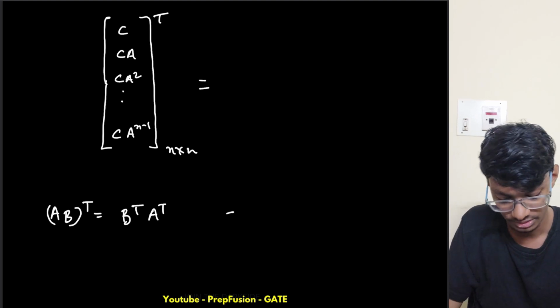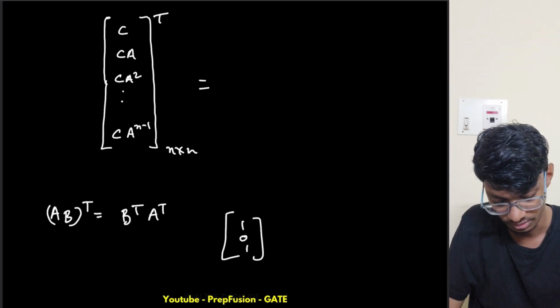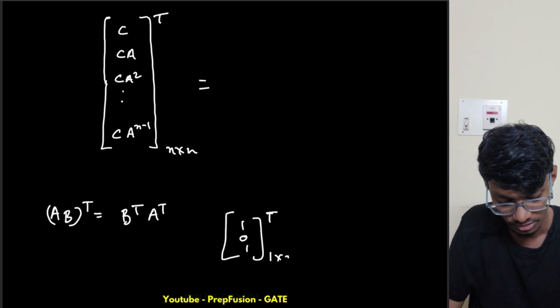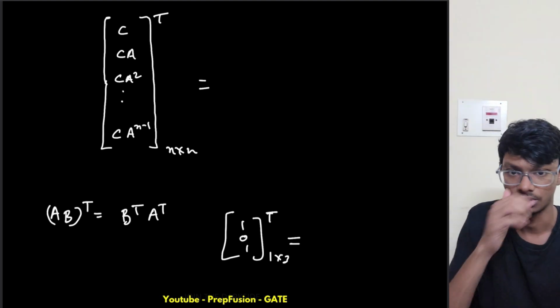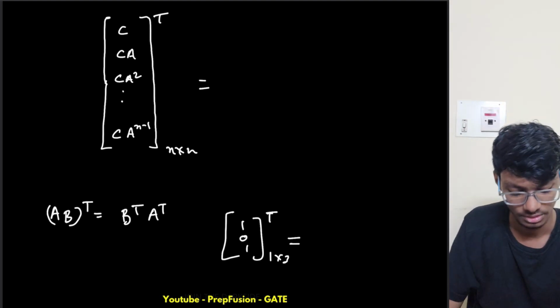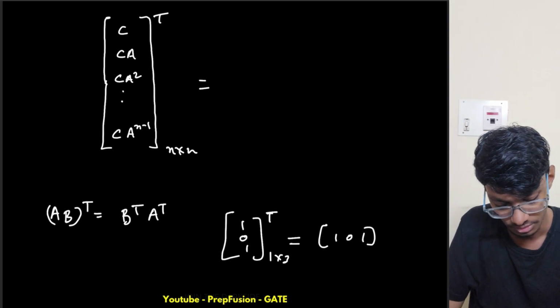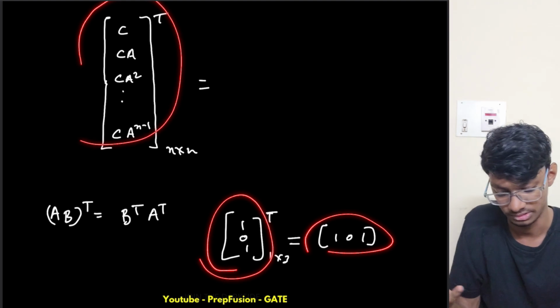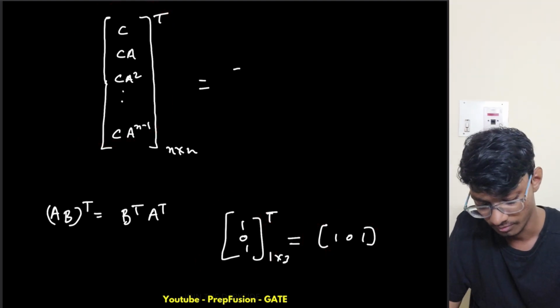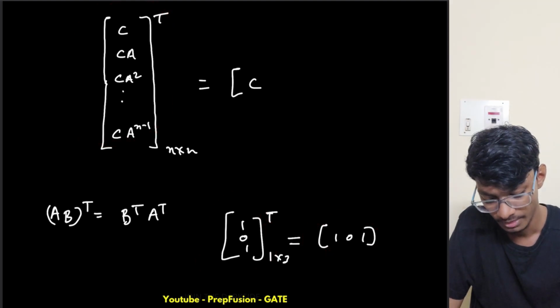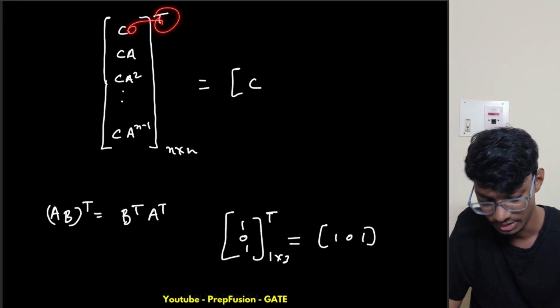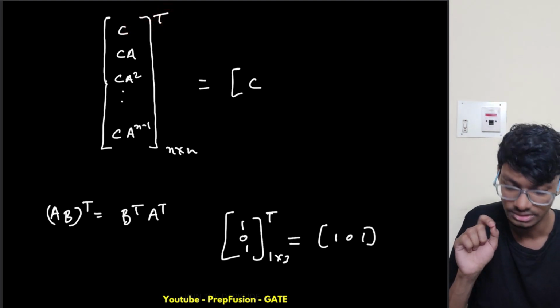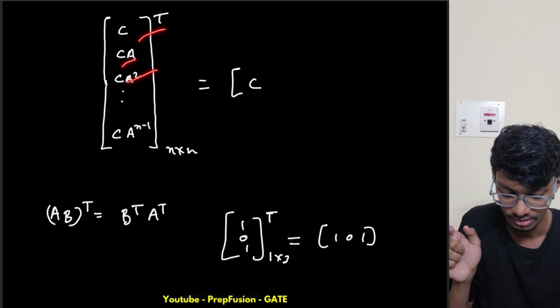If something is a column matrix, like 1 0 1, and I take the transpose of that, it becomes 1 cross 3, so the columns become rows and rows become columns, giving 1 0 1. So it looks like a column matrix became a row matrix. That's a representation. This transpose will go inside also, because the inside elements are also matrices, so each element will be transposed.